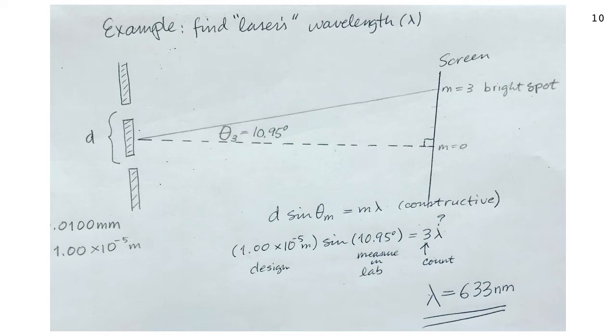Now, this is a shorthand right here of this. And in actuality, these two scales are way out of scale, because the spacing here has to be a very small fraction of a millimeter. But the distance here, L, in the lab is going to be meters.